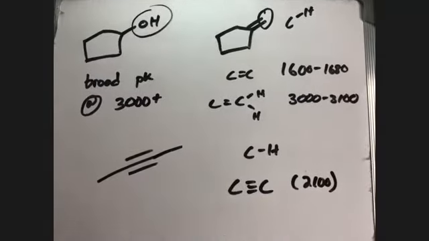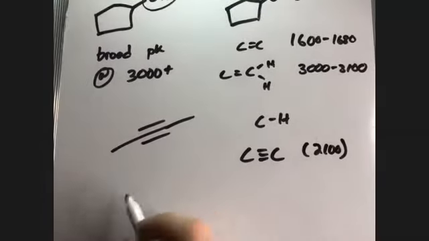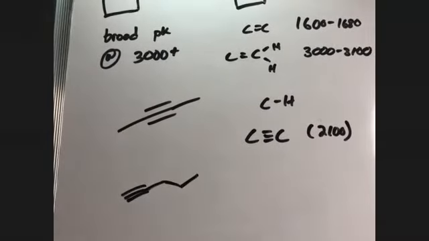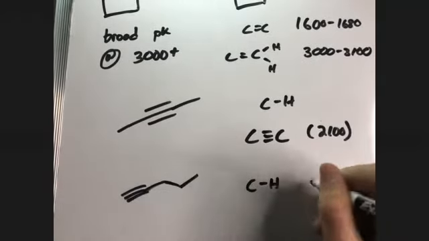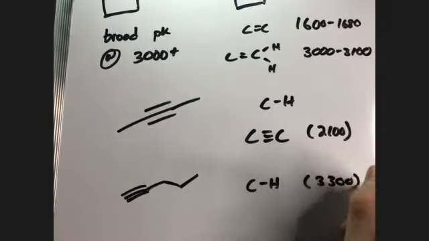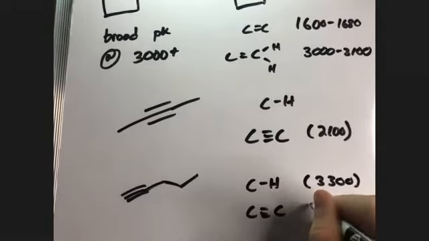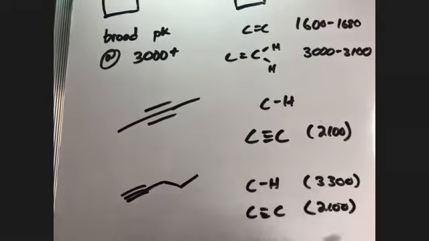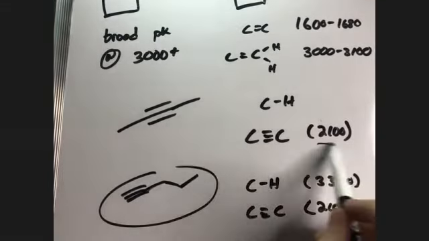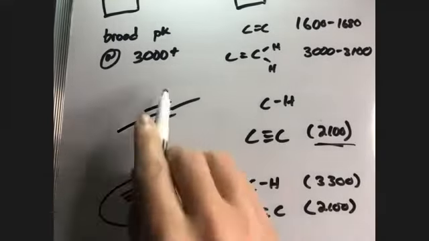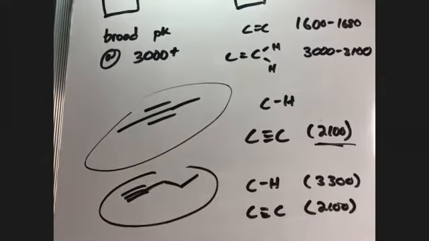So that is a key distinguishing feature between an internal and a terminal alkyne like this, because here we're going to see the CHs of the alkyne at 3300, and we'll see the carbon-carbon triple bond stretching. So these two coupled together tells us that we'd have a structure something like this that has a terminal alkyne, whereas if you only have this peak, you would think an internal alkyne.